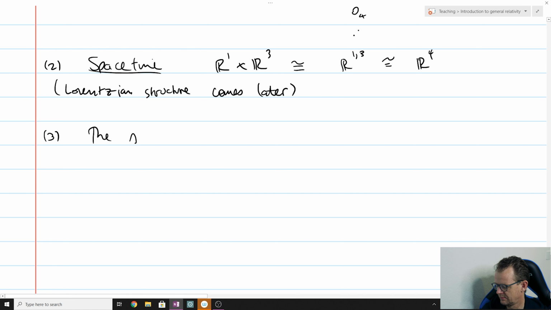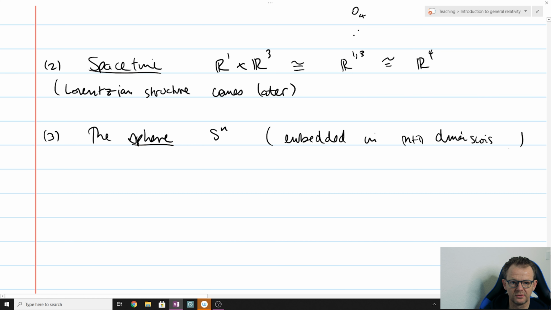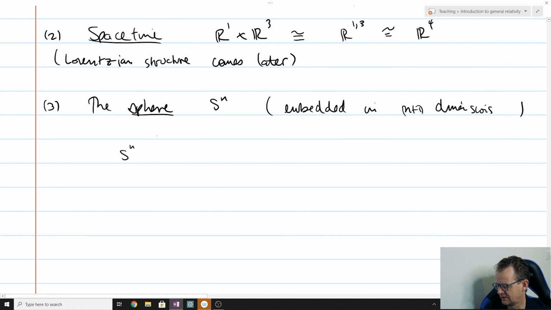Okay, the next most important example is the sphere Sn, which is embedded in n+1 dimensions. Yeah, I know we're not going to do things with embedded manifolds, but we are, of course. Embedded manifolds are one of the best examples of manifolds, but we want to allow our structures to be intrinsically defined without reference to that embedding space.